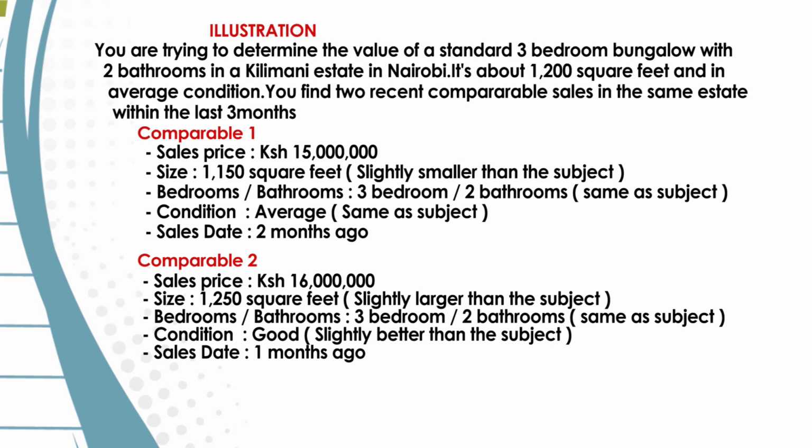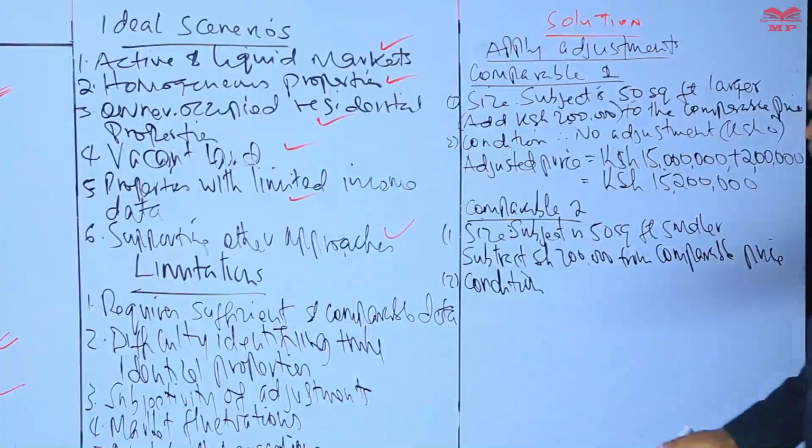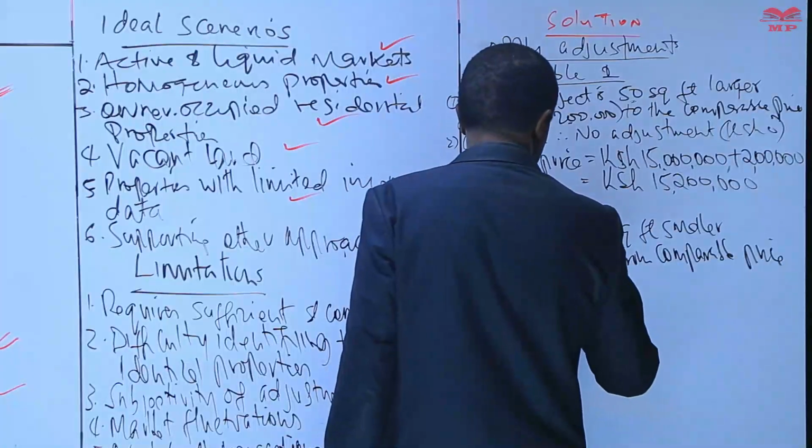So the comparable price is more by 300,000. Therefore, we are going to deduct the 300,000 from the comparable price.